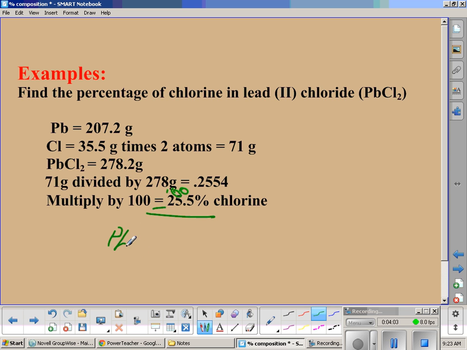So the lead is going to equal 74.5% of the compound.